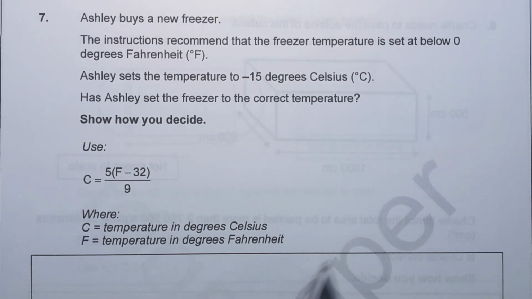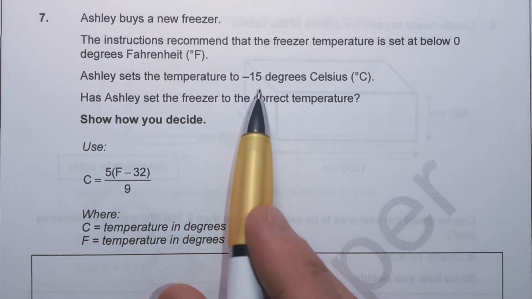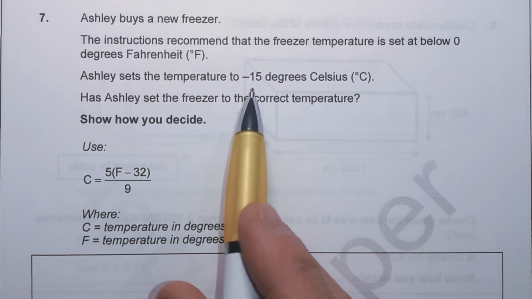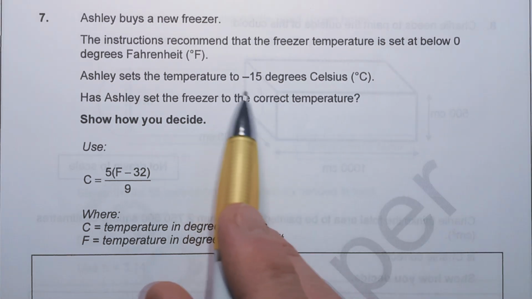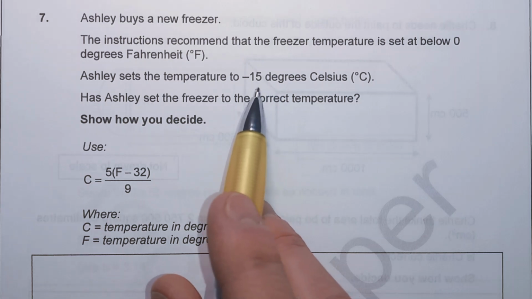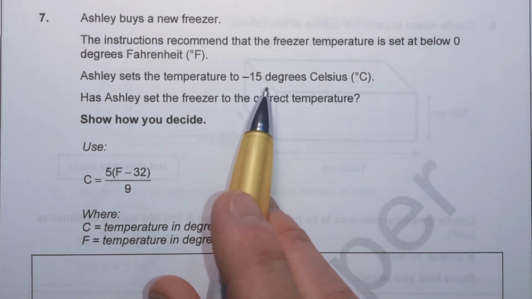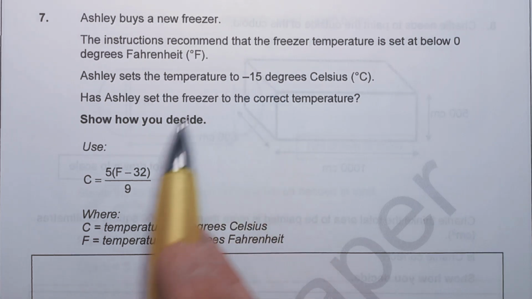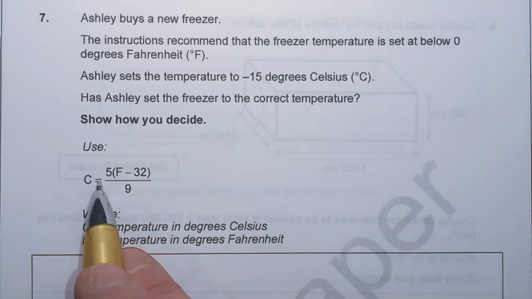Okay, so let's try. Let's substitute. Well, we can do it in two ways. They've given us the minus 15 degrees, so we could put the minus 15 degrees in here.